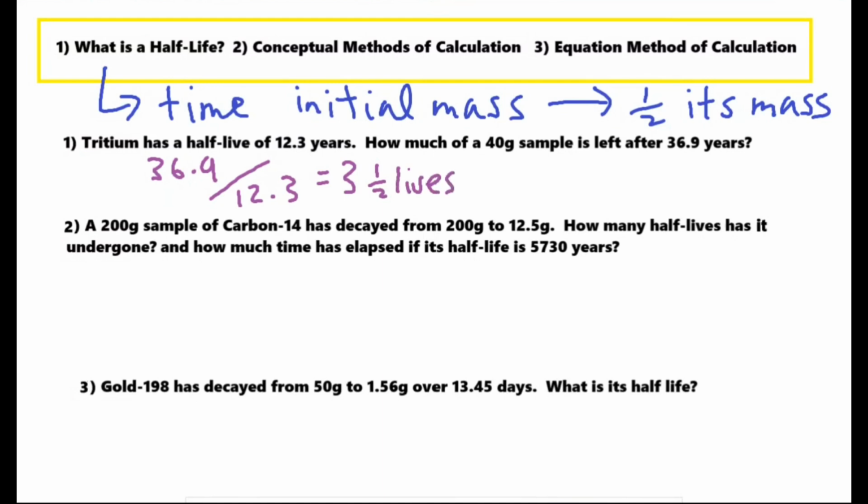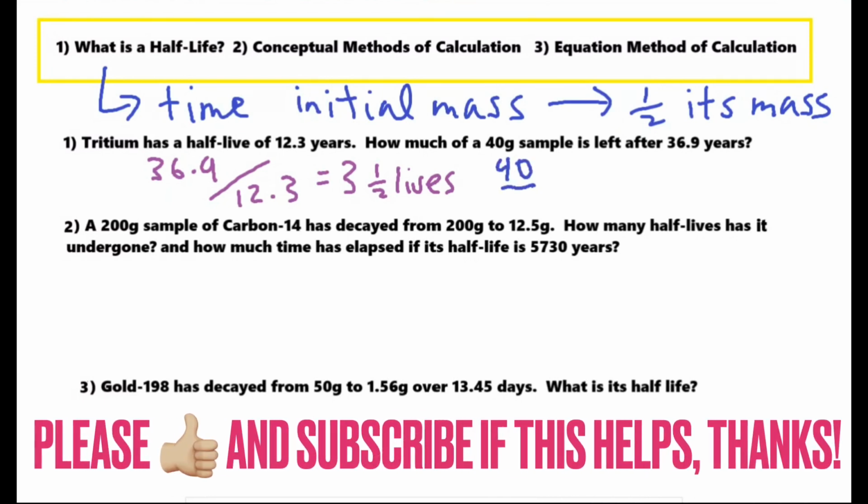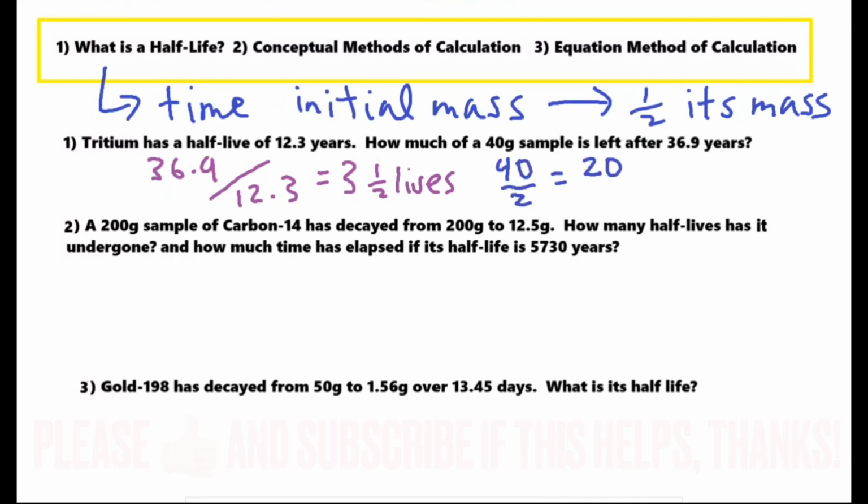Now, after that simple bit of math, we now know that the 40-gram sample is going to get chopped in half 3 times. So let's go ahead and do that and see what we get. All right, so we went ahead and took that sample and split it in half 3 times. 40 divided by 2 equals 20. 20 divided by 2 equals 10.